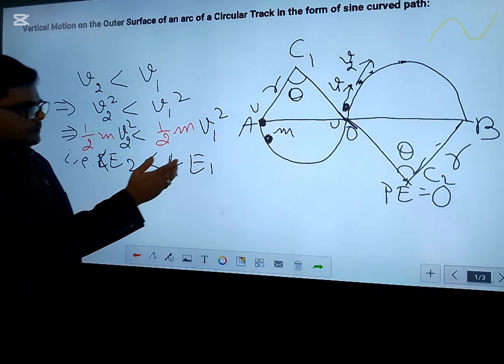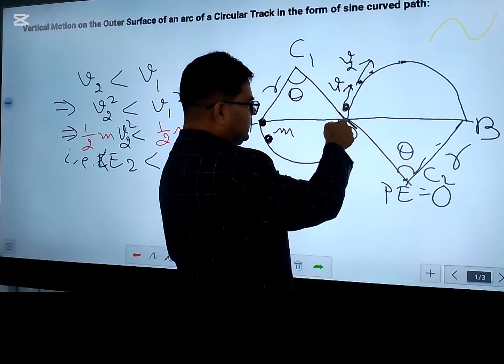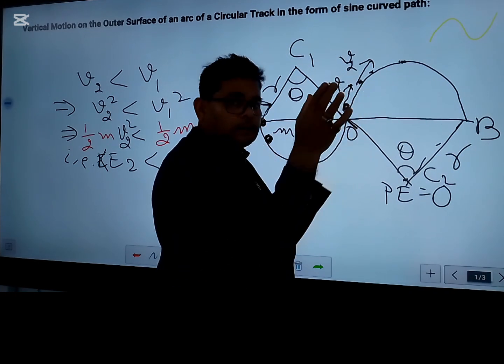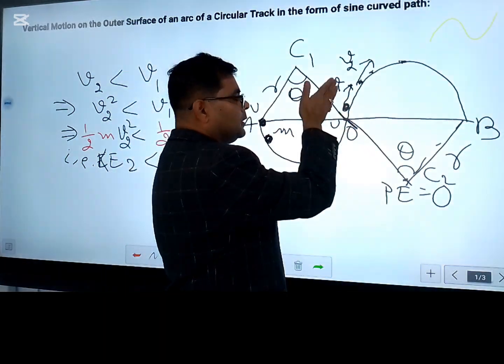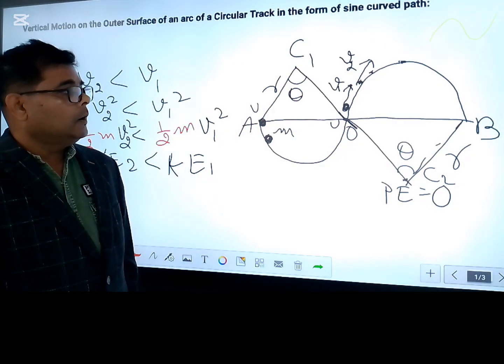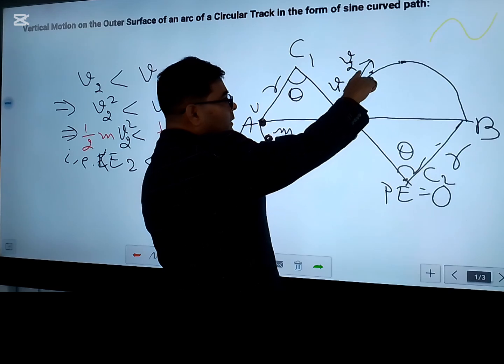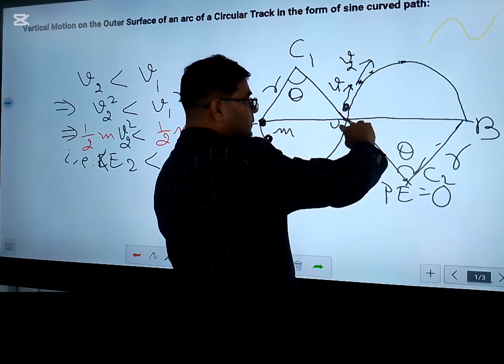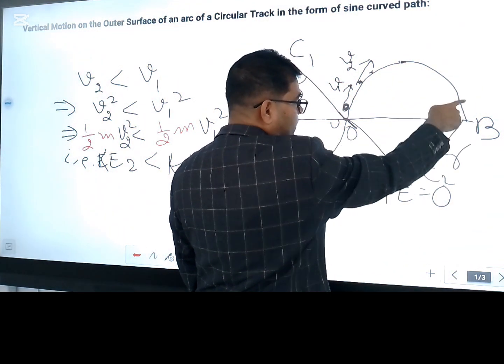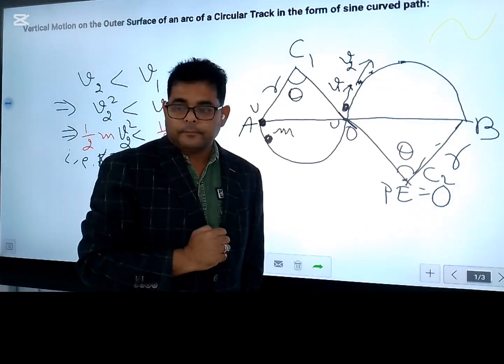So you see that while rising from position O up until the top, every time there is a decrease in kinetic energy, that is the loss of kinetic energy, and that loss of kinetic energy will cause the body not to leave this surface throughout this motion from position O to B through this arc.